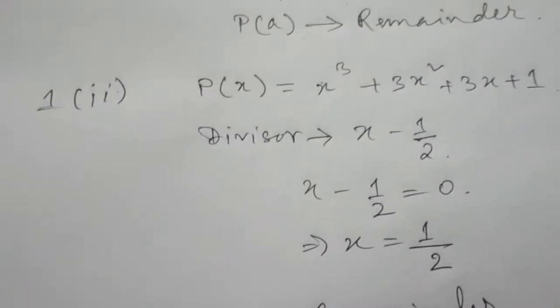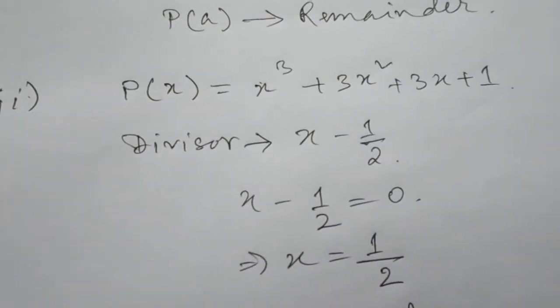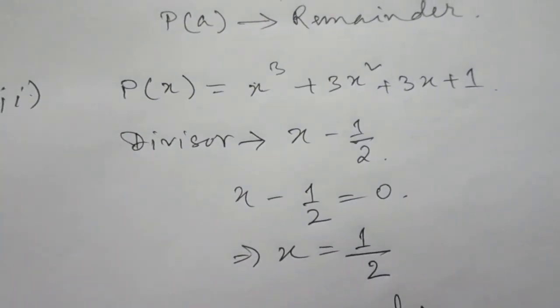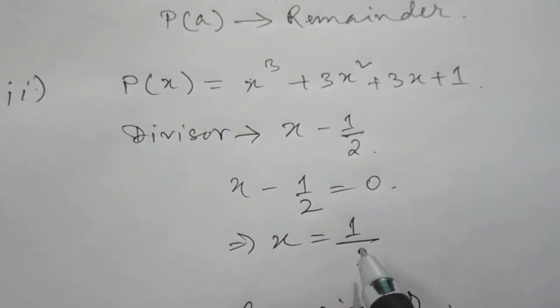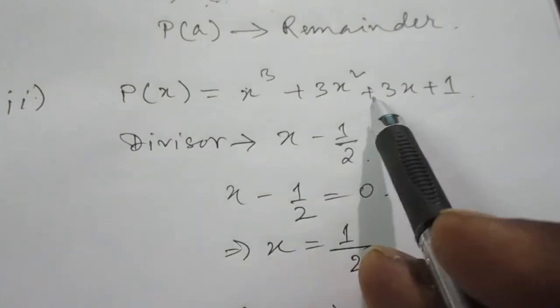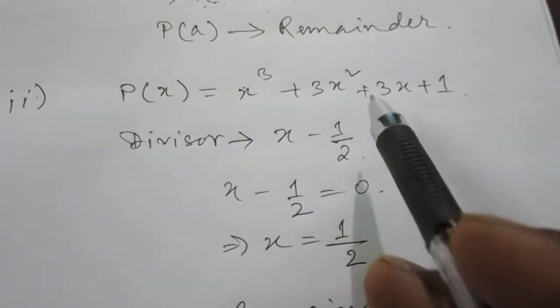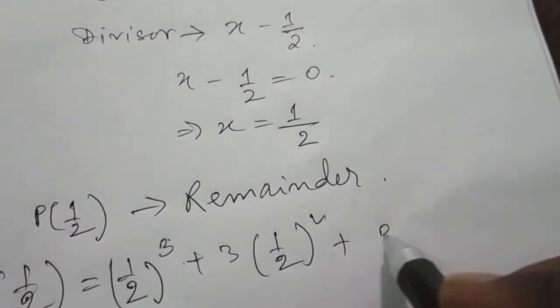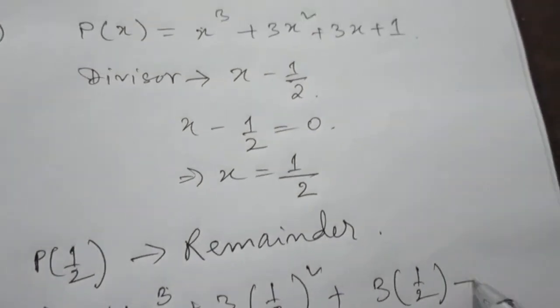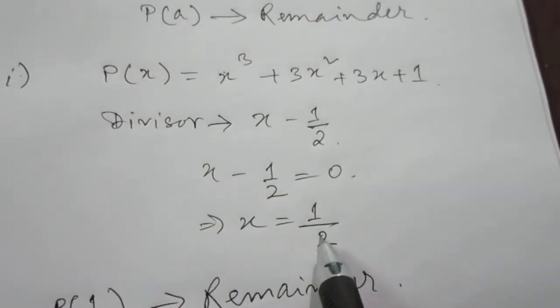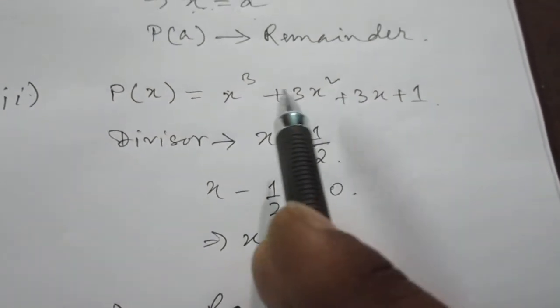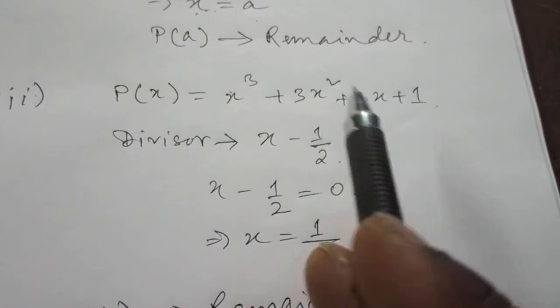That means we are putting the value x equal to 1 by 2 in the polynomial p(x) in place of x.